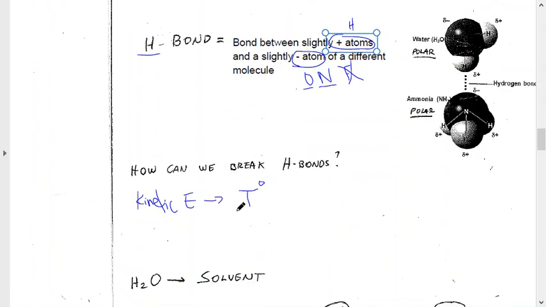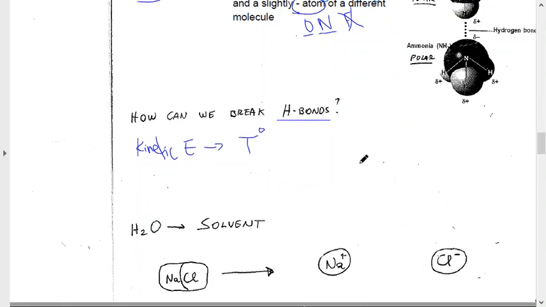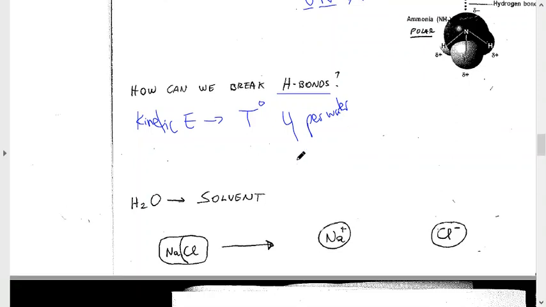So this constant movement, and the more and more of it between these molecules, makes it harder to maintain those hydrogen bonds, and that's how they break. And remember that there are 4 hydrogen bonds per water molecule that need to get broken. This is why it takes water forever to boil, because there are a lot of hydrogen bonds there, and that's going to take quite a bit of heat and kinetic energy.